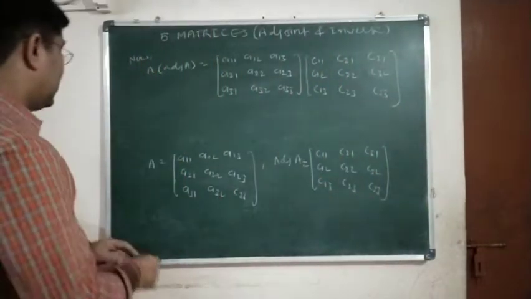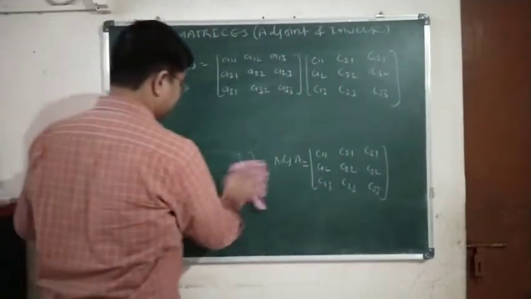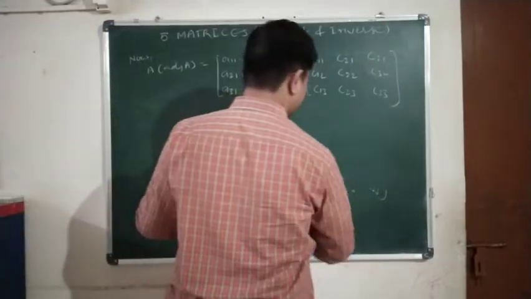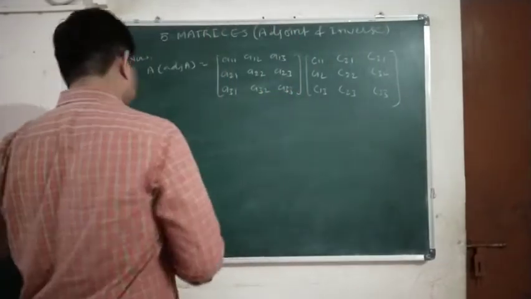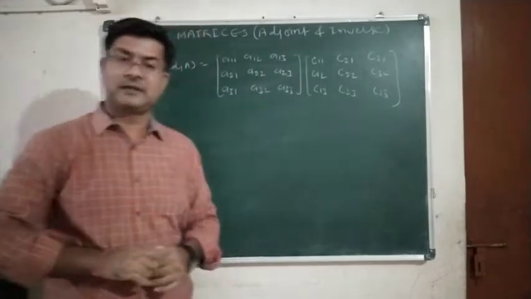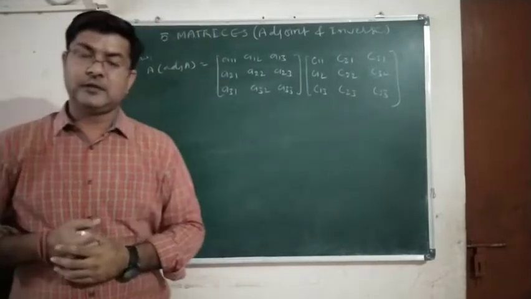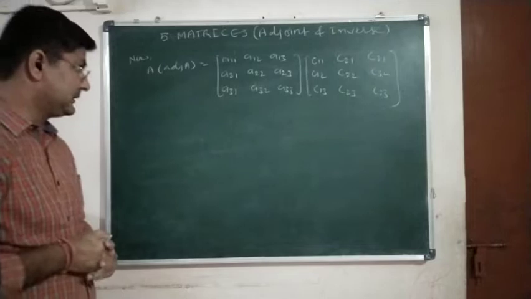We have already studied the multiplication of two matrices. Both are of the same order and therefore the product A into adjoint of A exists.